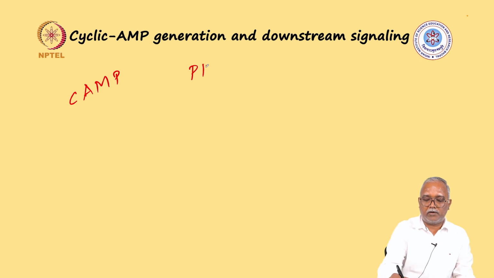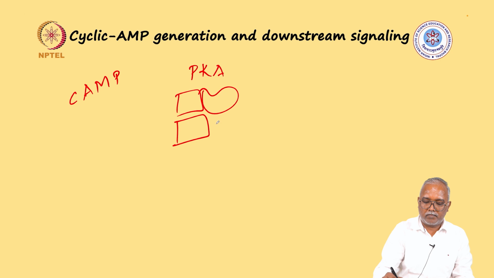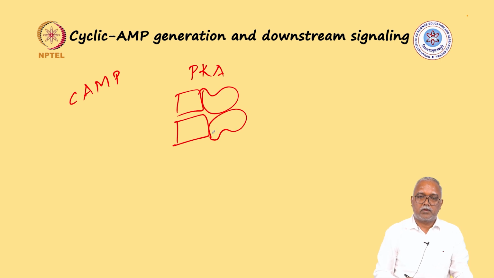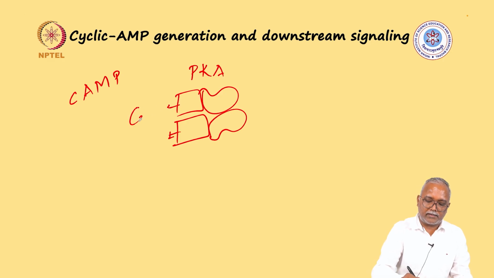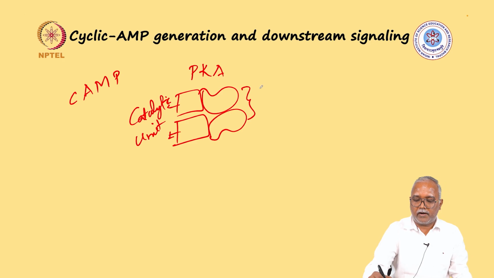protein kinase A molecule is a heterotetrameric assembly. There are catalytic units, if I say 2 catalytic units and 2 regulatory units.